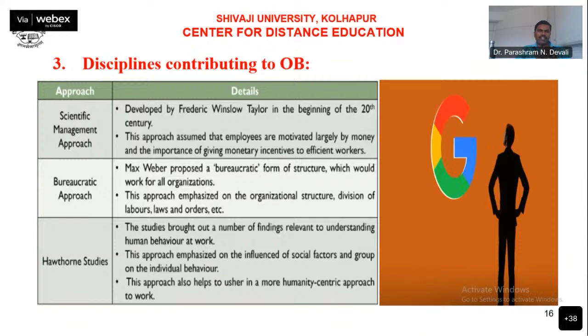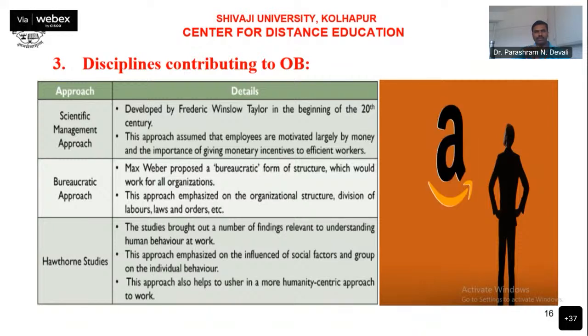Then different discipline or contribution in organization behavior. When we think of contribution, there is an evolutionary stage. That is scientific management approach. After industrial revolution, scientific management approach took place.